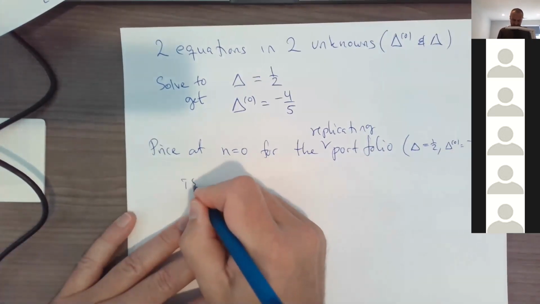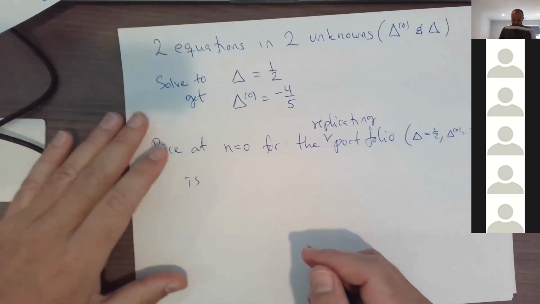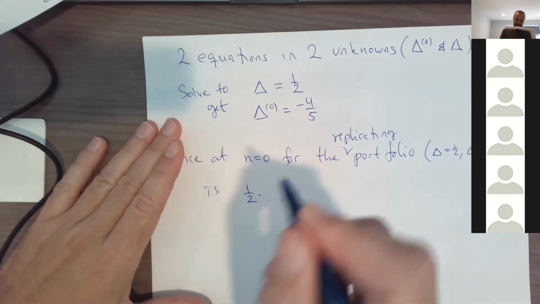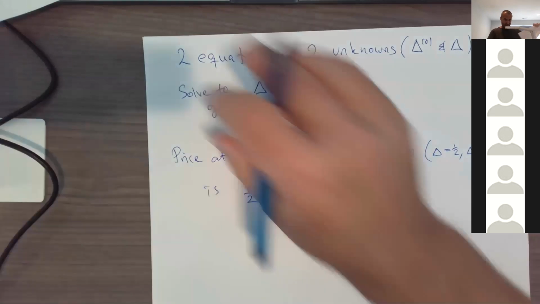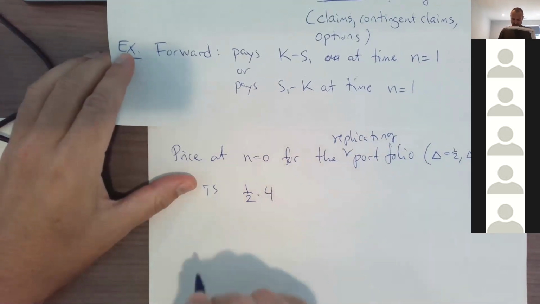Well, what is that? I need to buy half a stock, so I need a half times the stock price. The stock price was 4, so I need a half times 4.